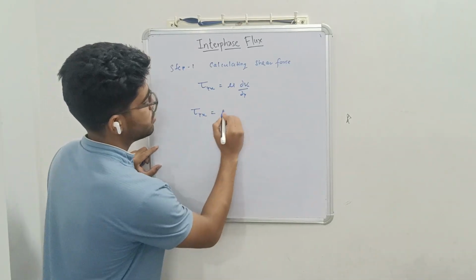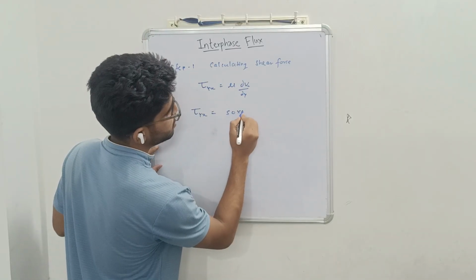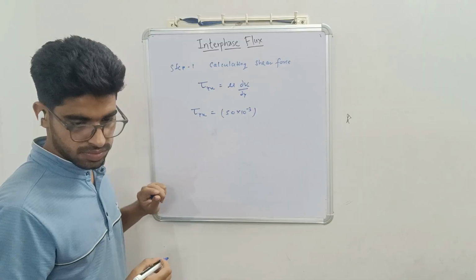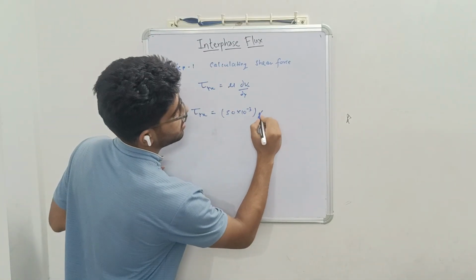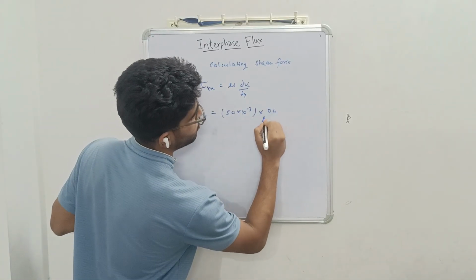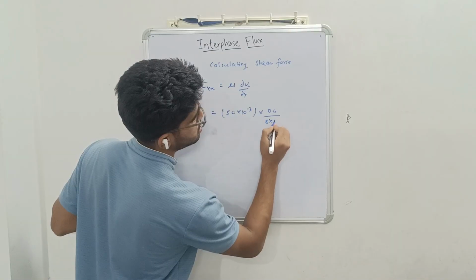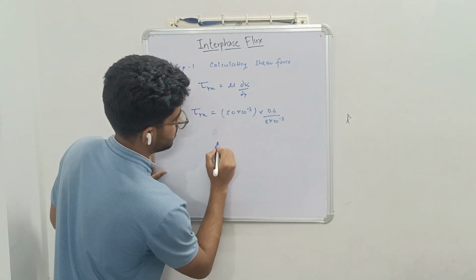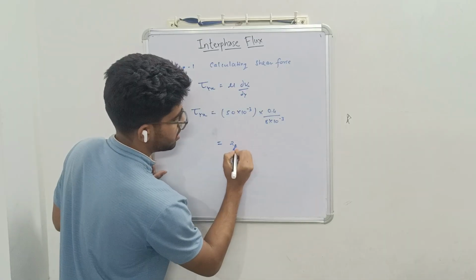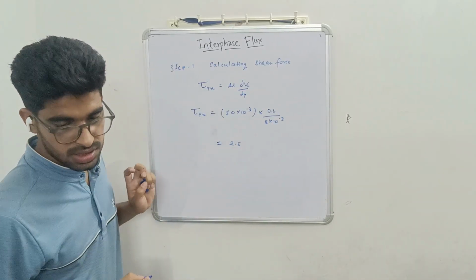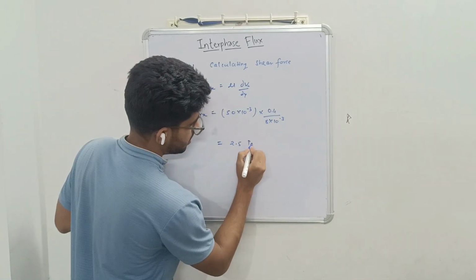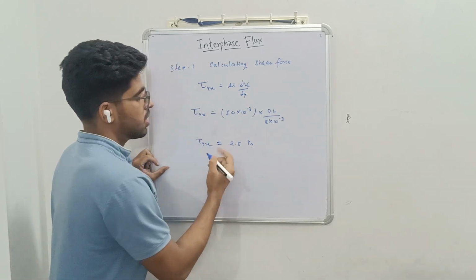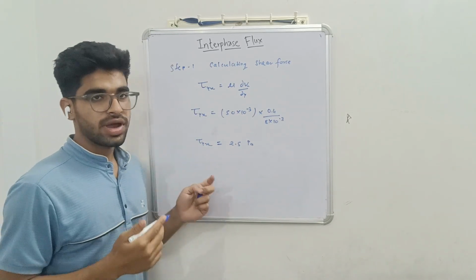Tau yx is equal to 50 into 10 to the power minus 3, that is mu, times velocity upon distance. After solving this, we get 2.5 Pascal. Now from this we are going to find the force.